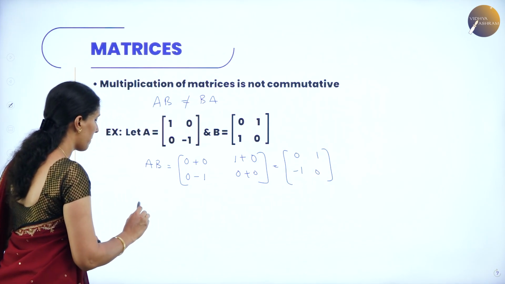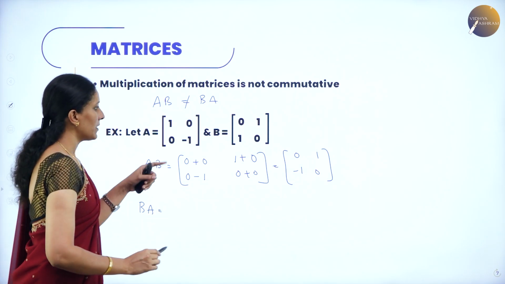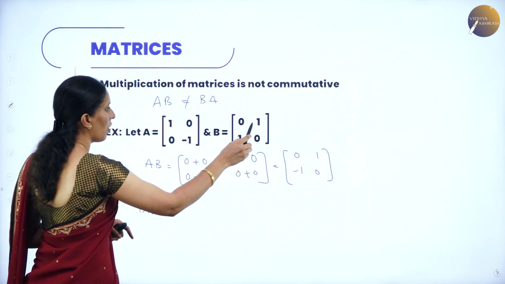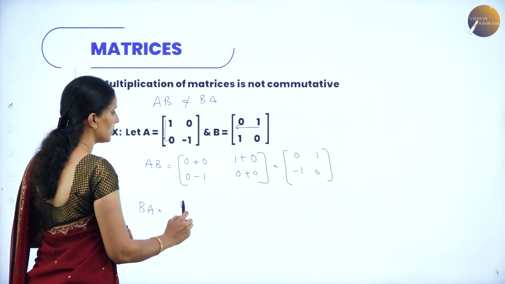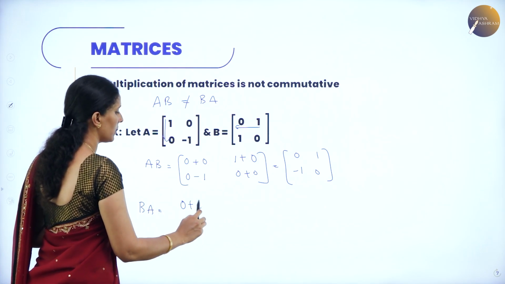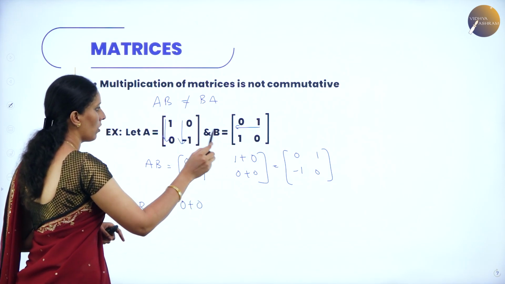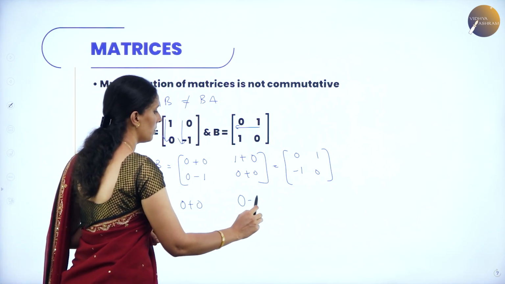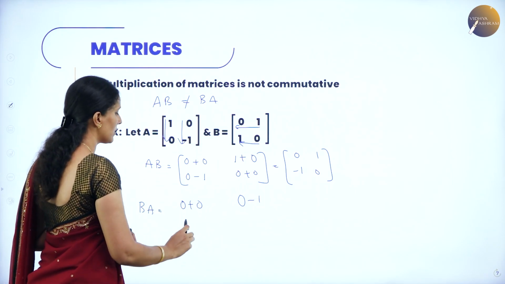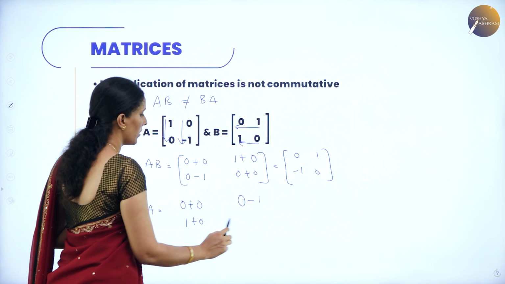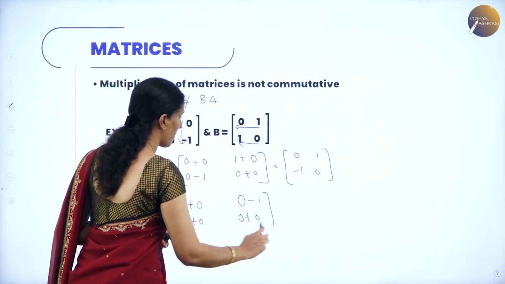Let's see BA. BA means first you have to take B, first row into first column element, that is 0 into 1 is 0 plus 1 into 0 is 0. Next, first row into second column, 0 into 0 is 0, minus 1. Next, second row, first column, 1 into 1 is 1, 0 into 0, and here it is 0, 0.